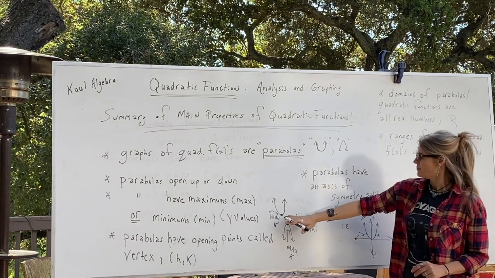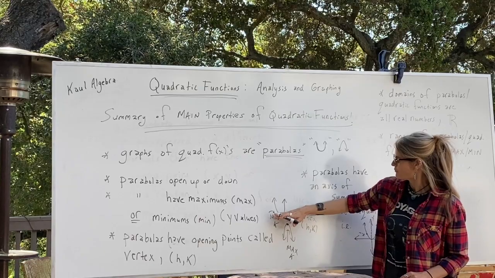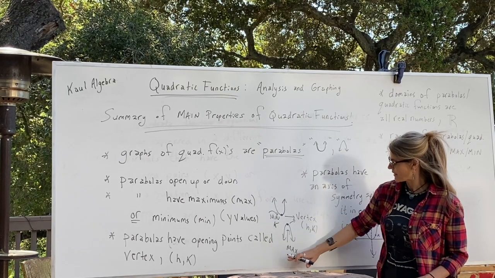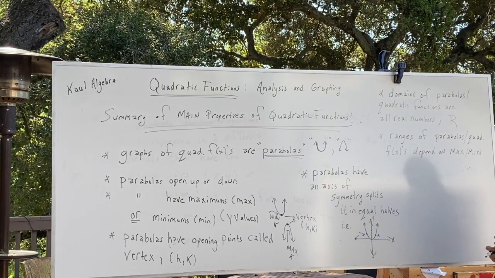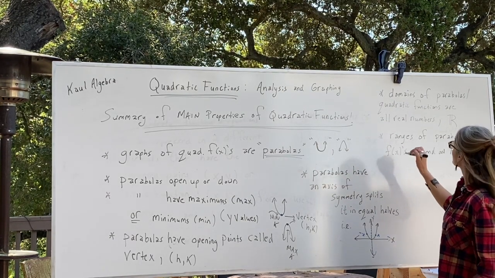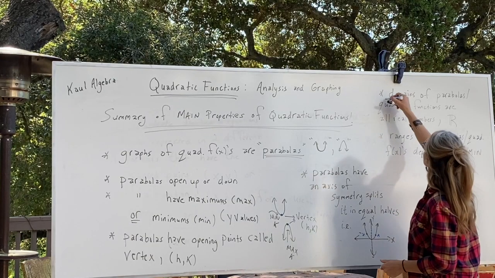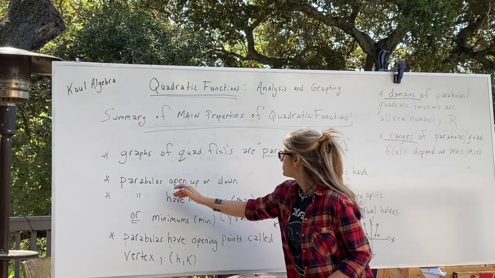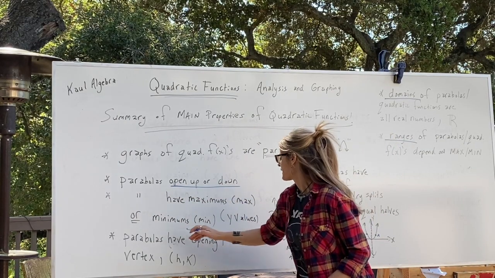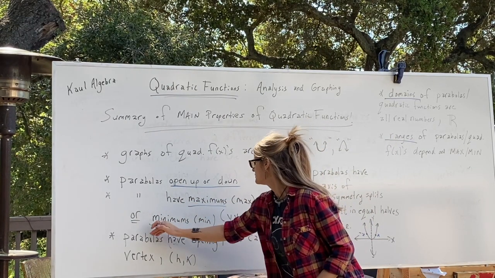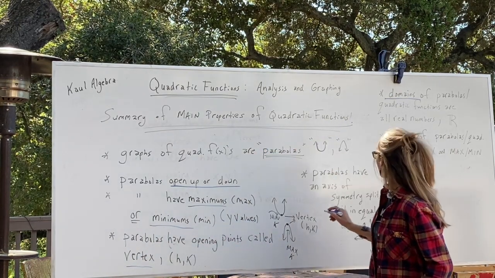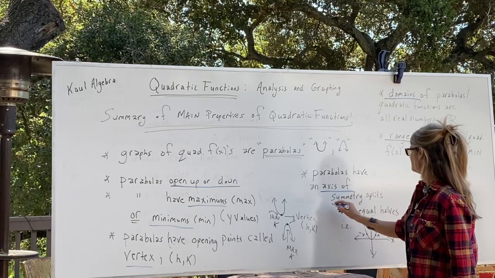If it's a minimum, it will go from that minimum value upwards. If it's a maximum, it'll go from the maximum value downwards. So we'll analyze that a little bit more in detail with some examples. Okay, so we have domains, we have ranges, and we have openings. We have maximums or minimums, and we have a vertex, and we have an axis of symmetry.